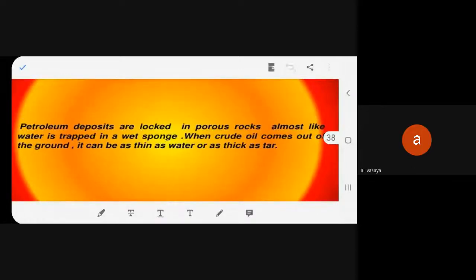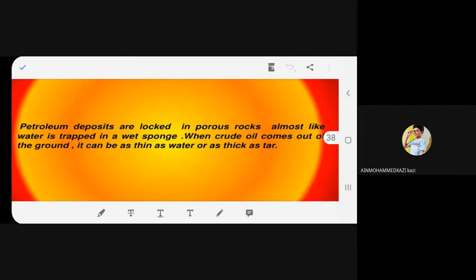Petroleum deposits are locked in porous rocks, almost like water is trapped in a wet sponge. Petroleum deposits are locked in porous rocks. Water is trapped in a wet sponge.